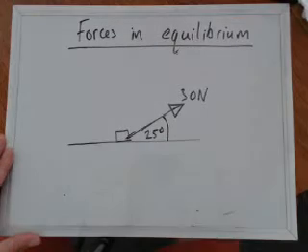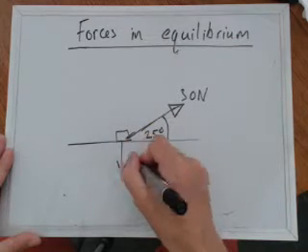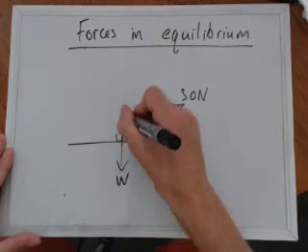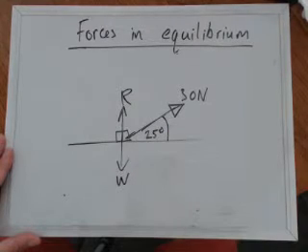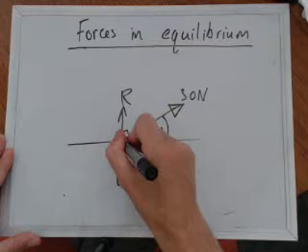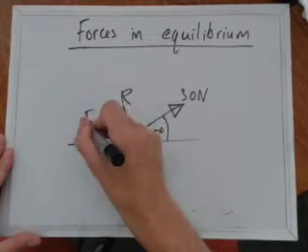So there will be weight acting down. There will be the reaction force acting up. And there will, of course, be some friction acting in that direction.